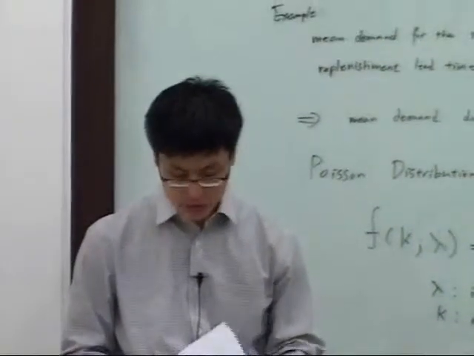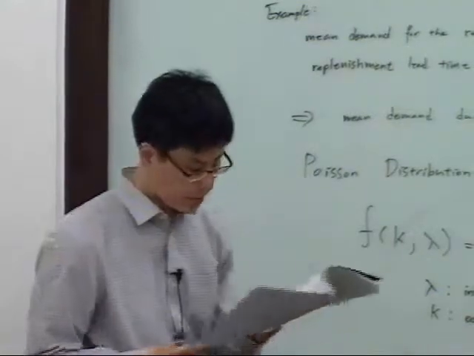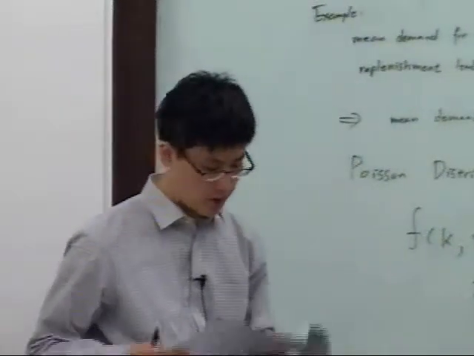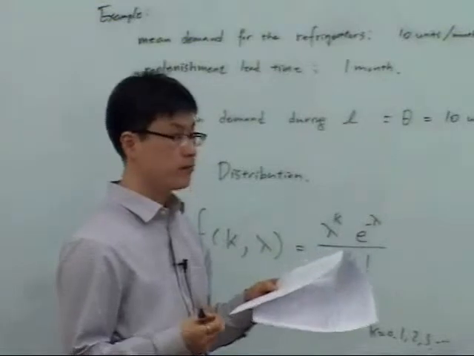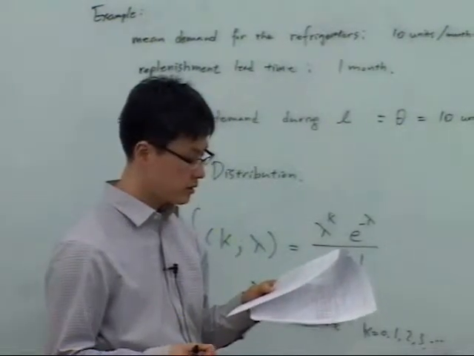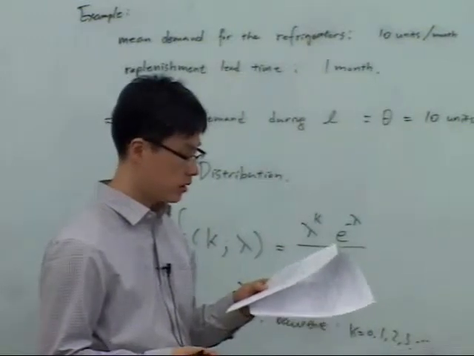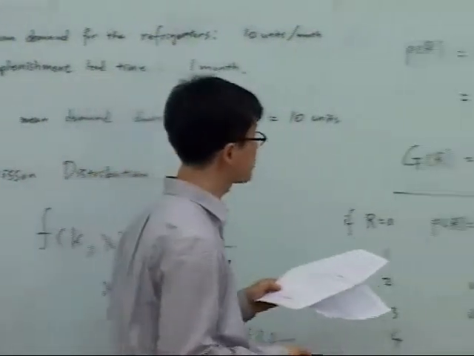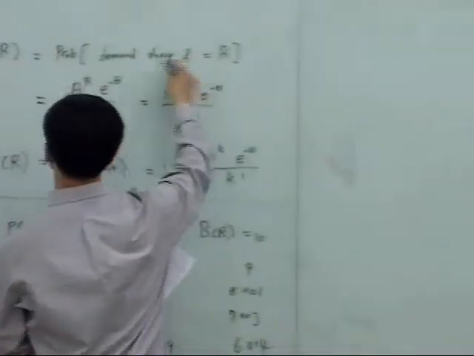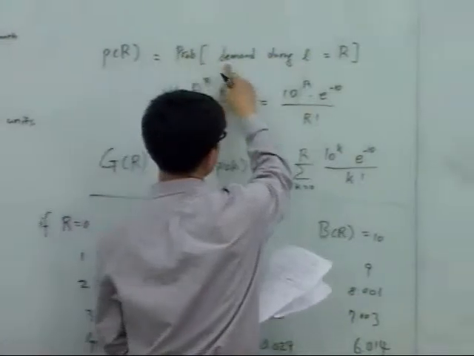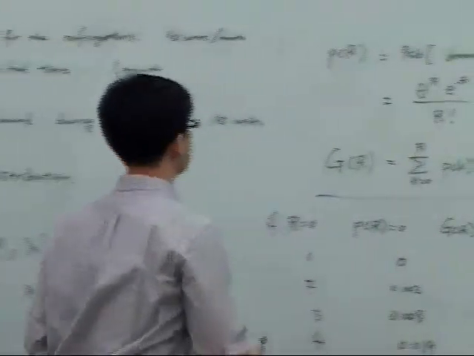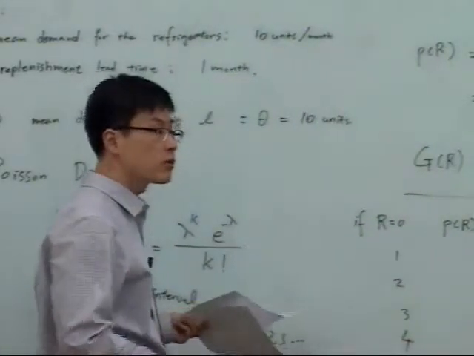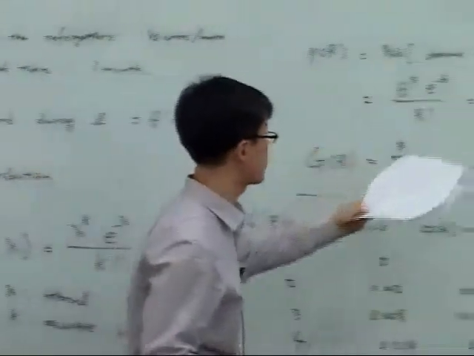Okay, let me refresh your mind. Based on the definition, Px is the probability of demand during replenishment lead time, that is, the probability of demand during the lead time is equal to X. So PR is the probability of demand being equal to this R, and we assume that this demand follows the Poisson distribution, so it's just straightforward.